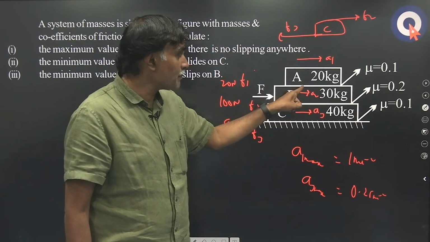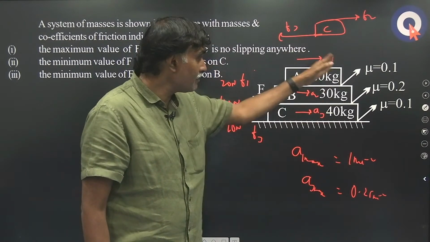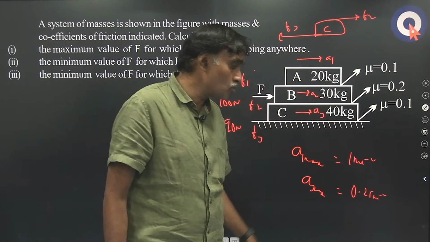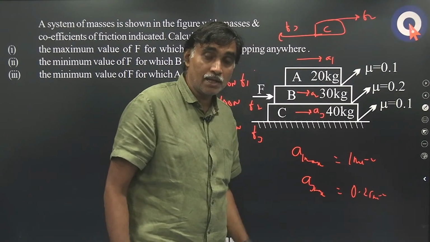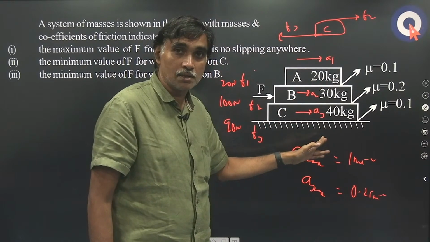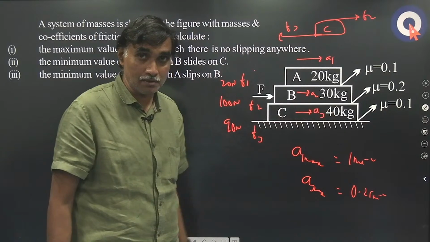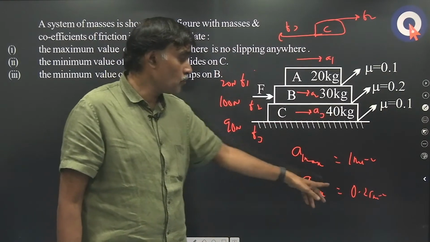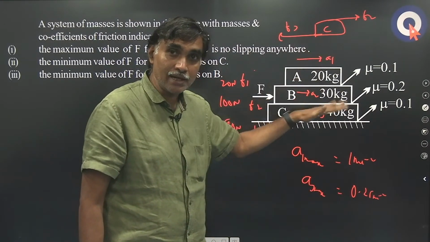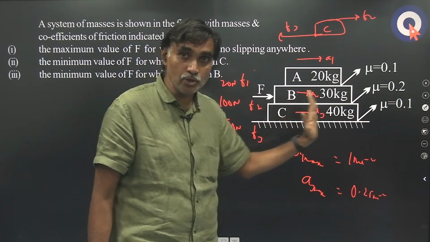Now, until 1 meter per second square, what is the maximum acceleration of the upper block? 1 meter per second square. Until 1 meter per second square, A and B will move together. Once acceleration is more than 1, which is not possible for these two blocks, all the three will have different accelerations and kinetic friction everywhere. So until 0.25 meters per second square, everywhere static friction except between the lower block and ground, and all of them are moving together.